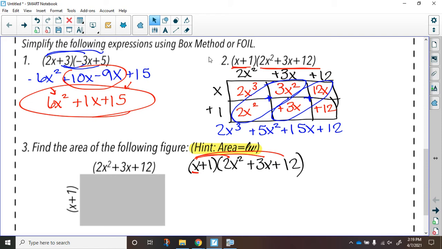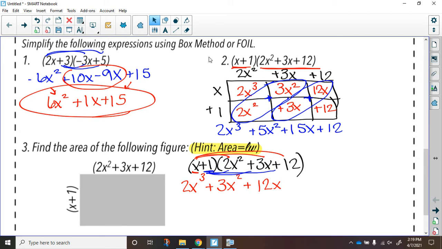And since this is a variable, that means my variables are going to get bigger. So we have 2x cubed plus 3x squared plus 12x. Again, my variables got larger. Then I'm going to take my positive 1 and do the same thing.